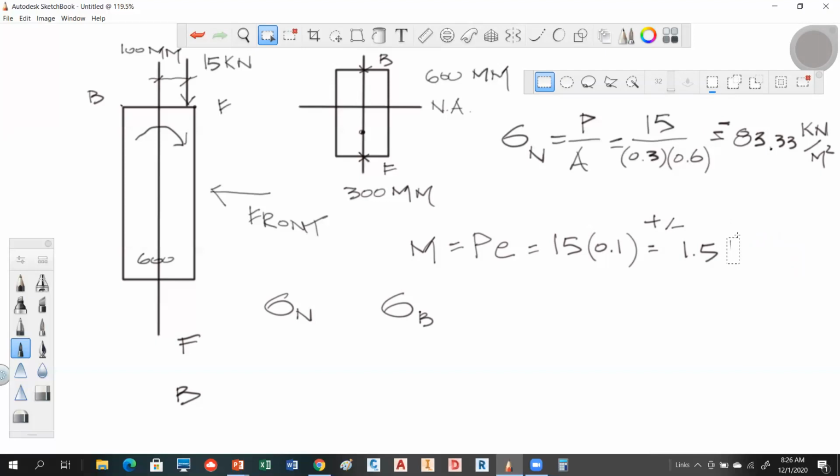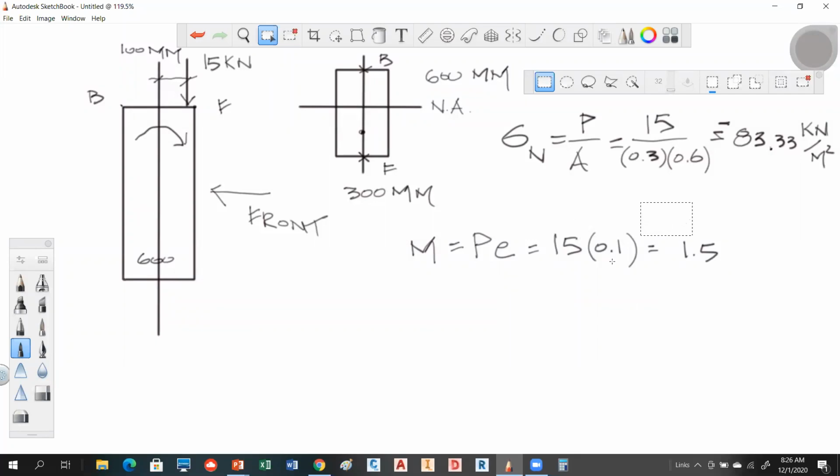How do we calculate bending stress? I got just a bit ahead of myself. Let me erase this stuff. What I said was correct, but my number isn't a stress. What is that number that I just calculated? What's the unit on this moment?